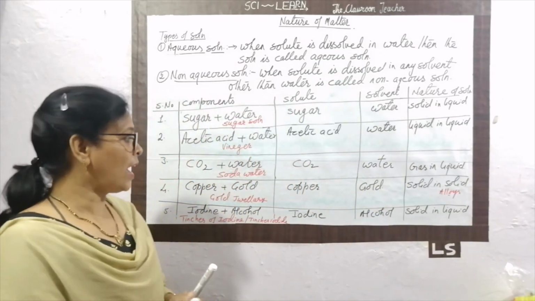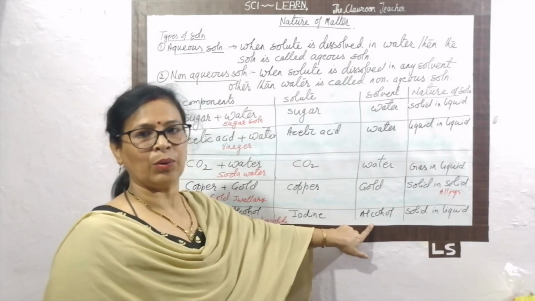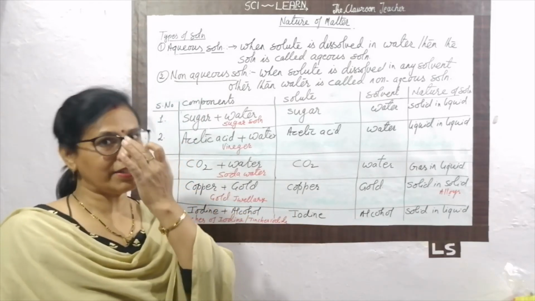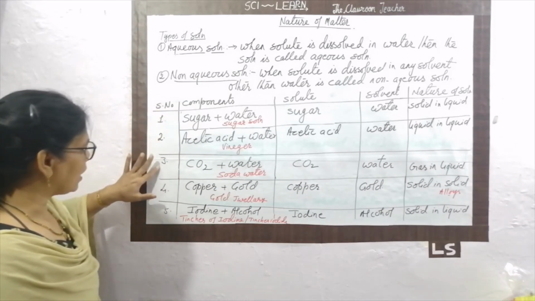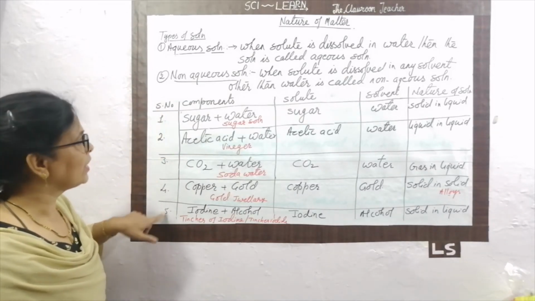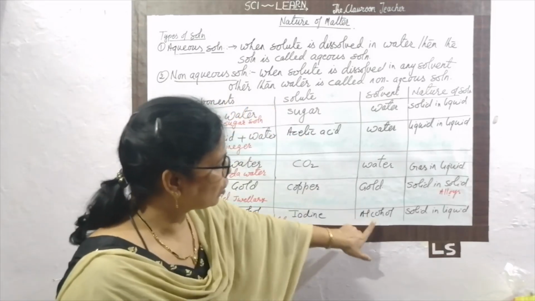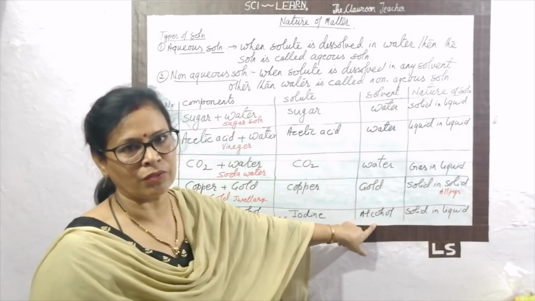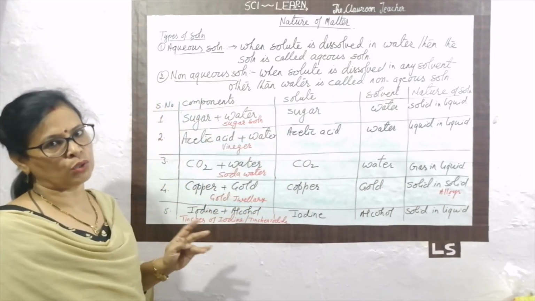The important thing is that the solvent is alcohol. Any solvent other than water, if water is the solvent, all these are called aqueous solutions. But this is called a non-aqueous solution, because the solute is dissolved in alcohol in place of water. So these are a few examples of the solution.